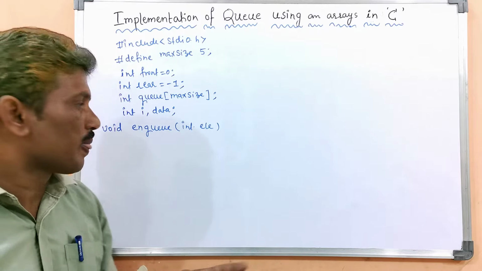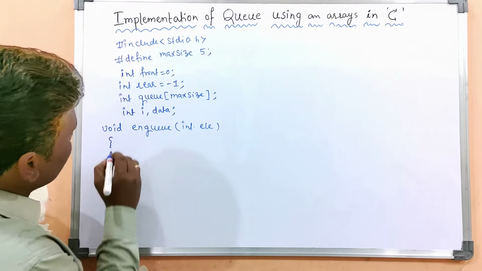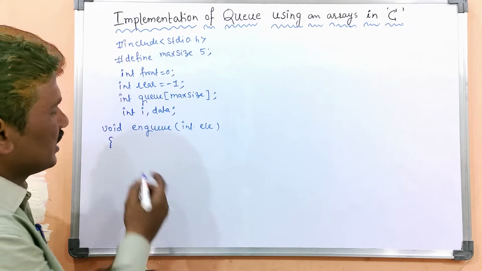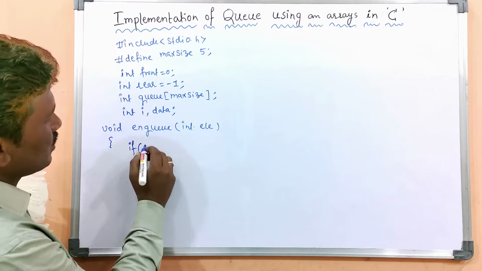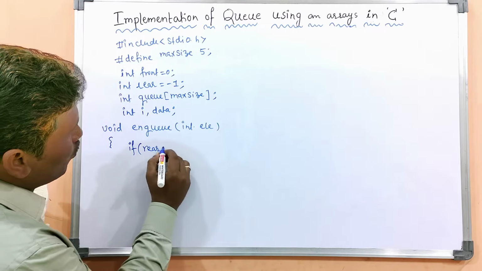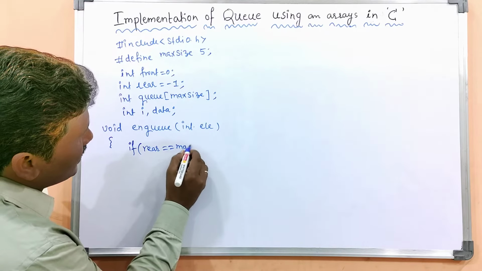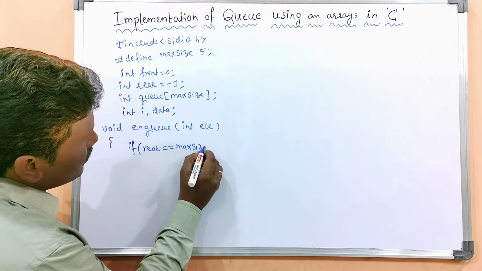Got my point? Then you check the condition for inserting the data: if rear equal to MAX_SIZE - 1.